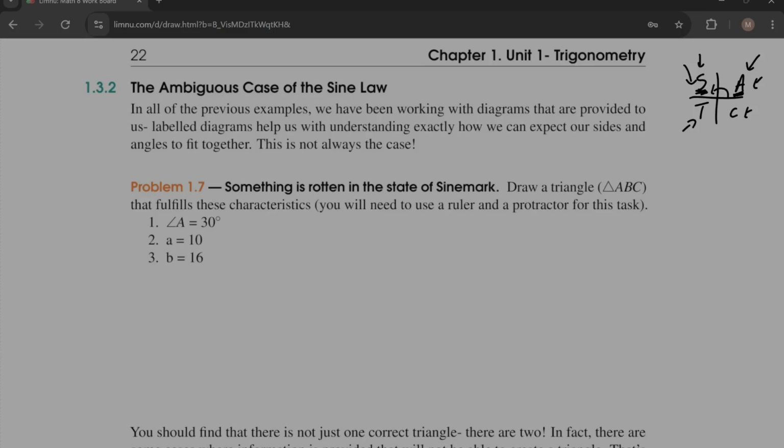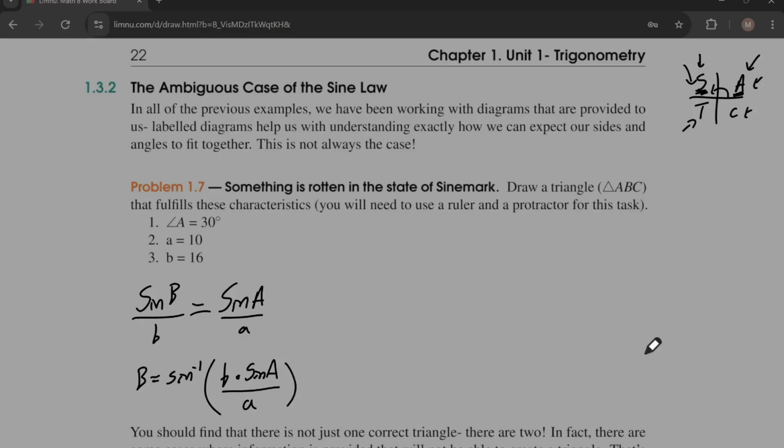So let's write out our sine ratio to find out what angle B could be. Then we'll draw that version, and then I'll show you another form that's possible. Okay, so for B, it's going to be arc sine of B times sine A over A, just doing the algebra there really quick.